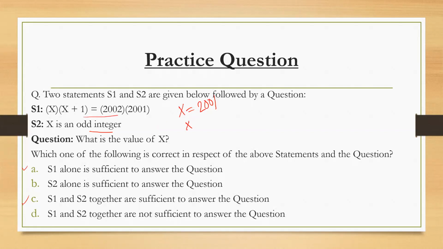And what is x plus 1? 2002. How can it be 2001 and 2002, Vicky? If x is 2002, then x plus 1 would be 2003, right? No, it is just an equation: x into x plus 1 is equal to 2002 into 2001. That's it.